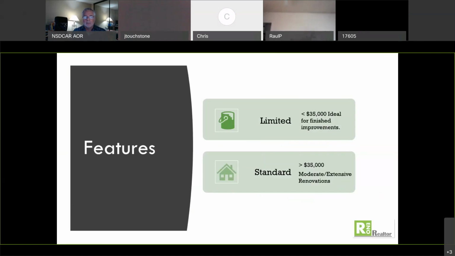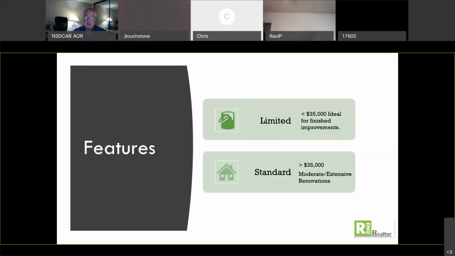So there are two types of renovation loans. There's the limited, which has really been the ideal with the makeover that I went over in the Monday presentation, targeted for just doing finished improvements: flooring, painting, new appliances. You can go very far with $35,000 if you're just doing finished improvements.